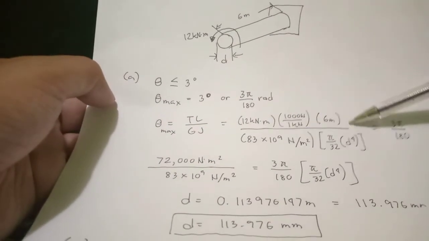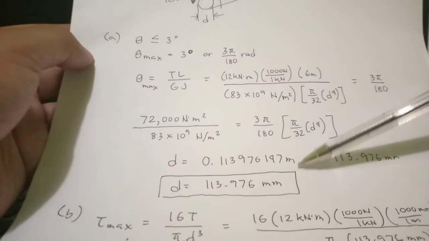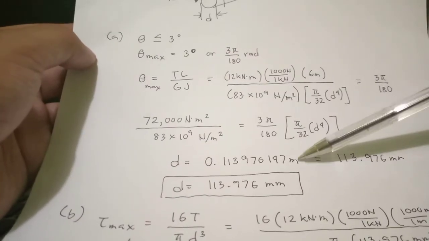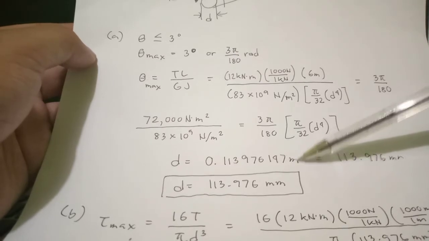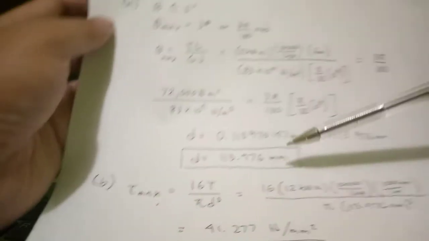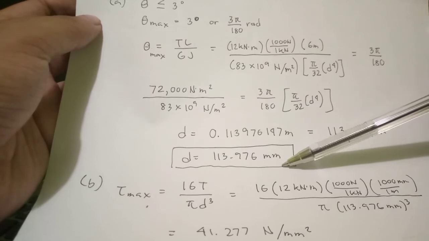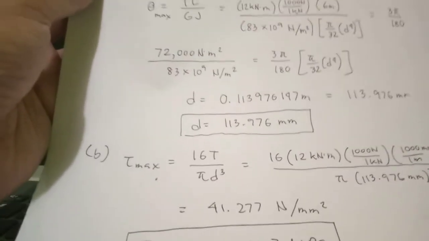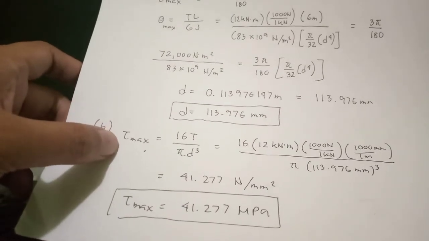Since the units we use are uniform in meter, what we get initially is in meter. Then I multiplied it by 1000, so I get 113.976 mm. So this is the answer: D is equal to 113.976 millimeter.